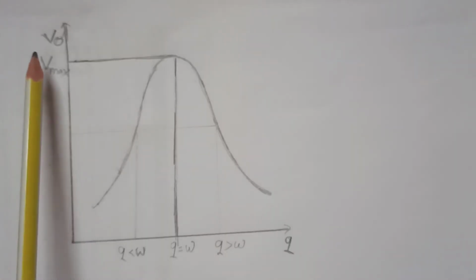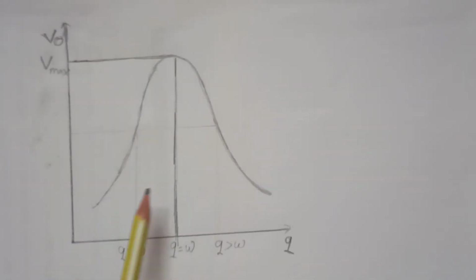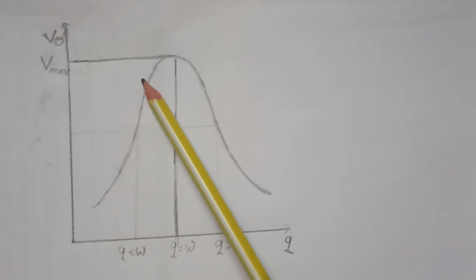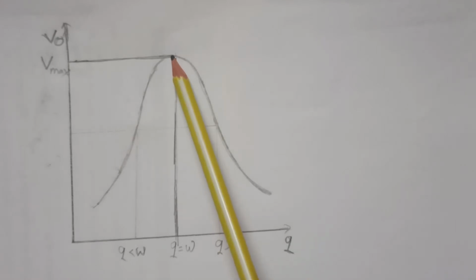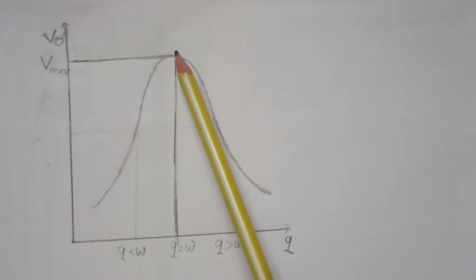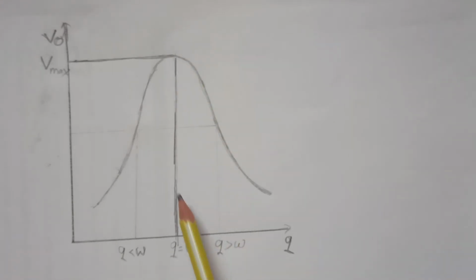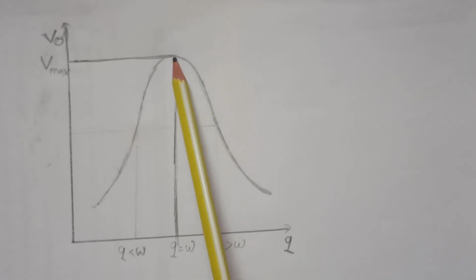The variation of velocity amplitude with driving frequency q is shown in this graph. As the frequency of applied force increases, the velocity amplitude reaches its maximum value, V max, at q is equal to omega. Velocity amplitude is maximum at q is equal to omega, and this is the condition for velocity resonance.